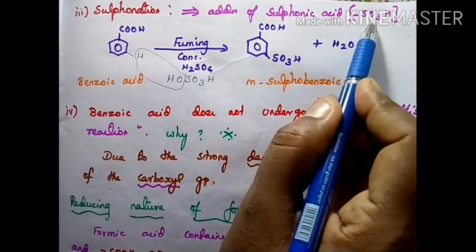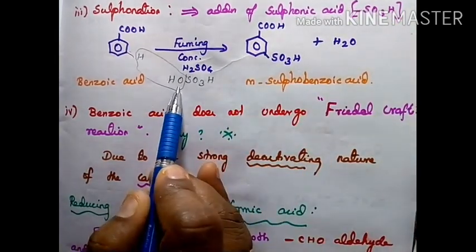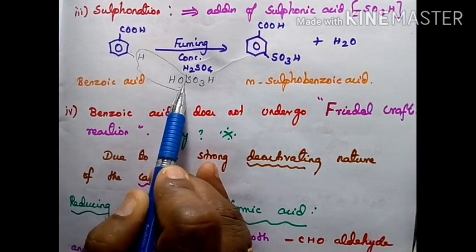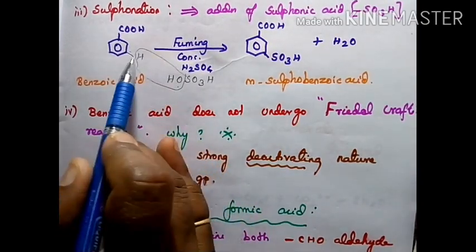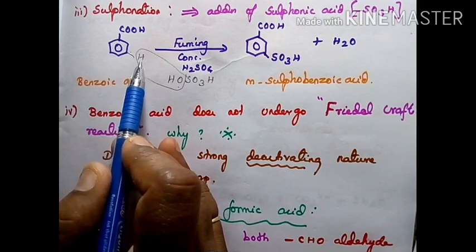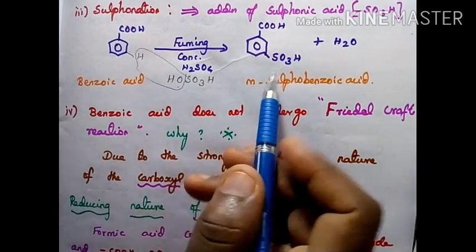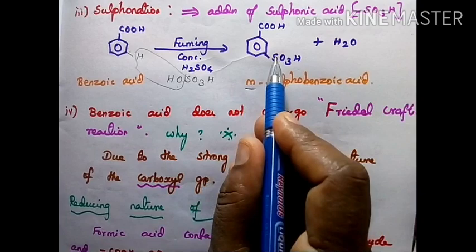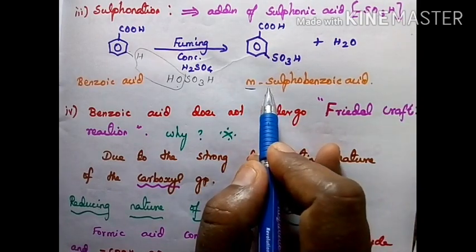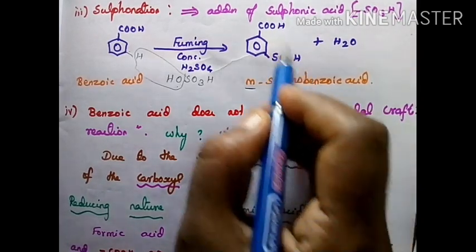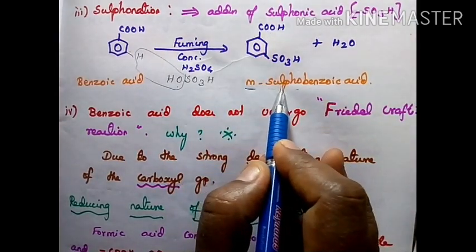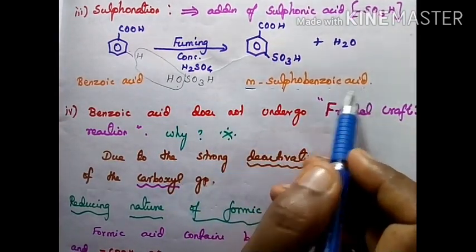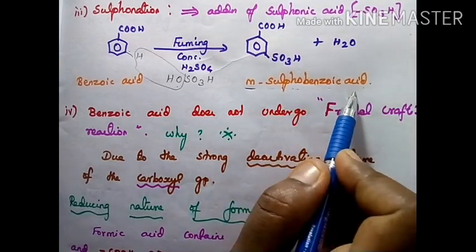The sulfonic acid attaches here. The sulfuric acid can be written as HOSO3H. H2O goes out with the meta position hydrogen, so the remaining SO3H goes to the meta, third position. What is present here? Sulfonic acid. We already have benzoic acid in the name, so it is called meta-sulfobenzoic acid.